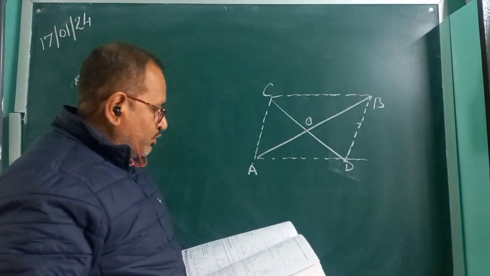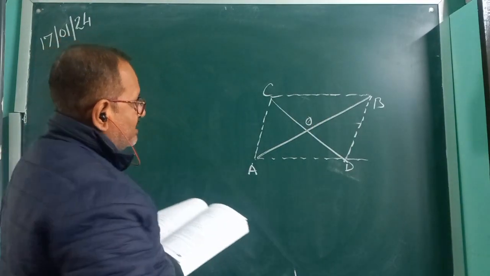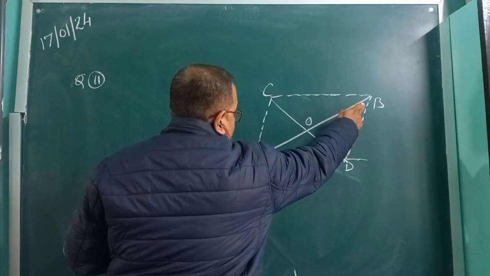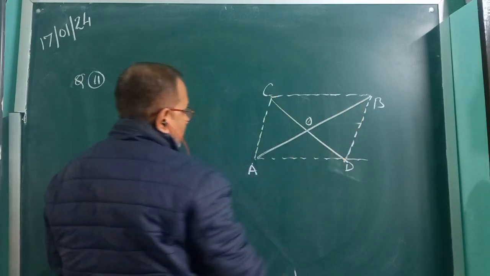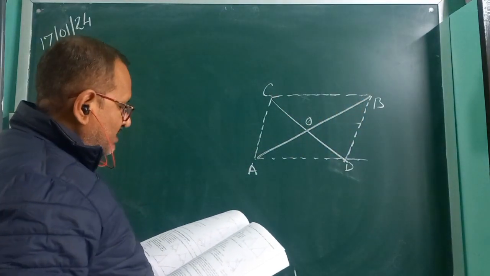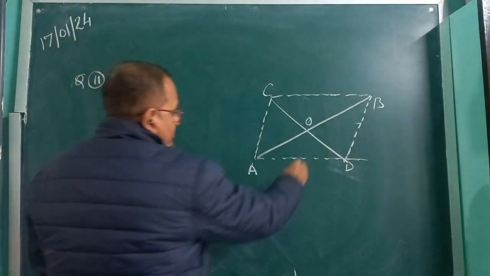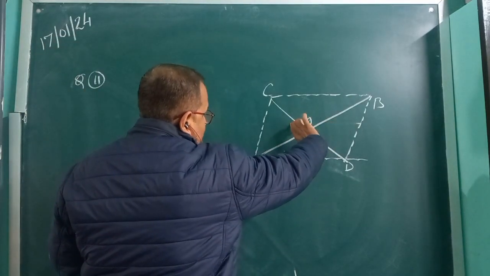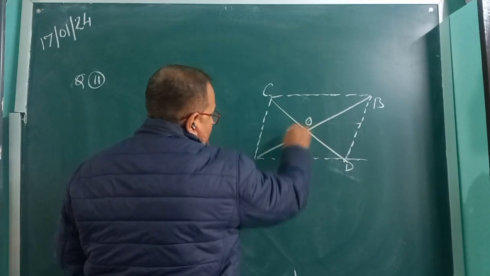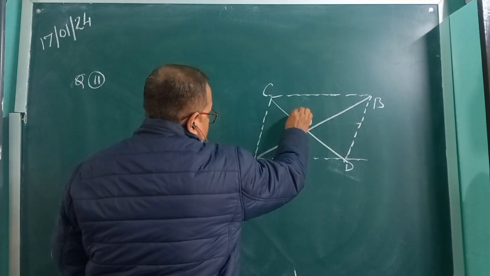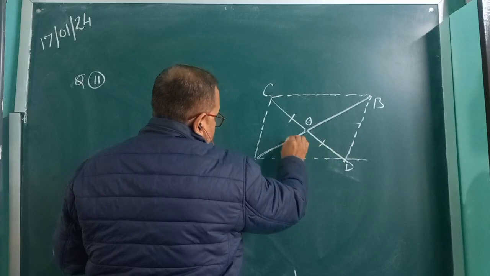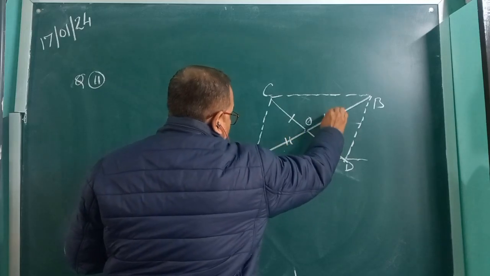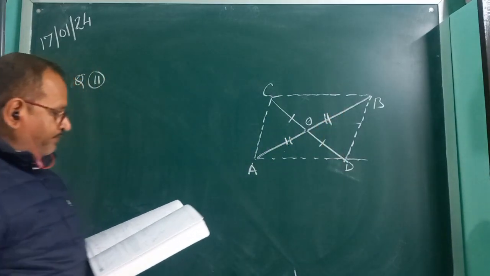It is given in the question two line segments AB and CD, one line segment AB, another line segment CD, bisect each other at the point O. Bisect means OC and OD will be equal, OA and OB will be equal.